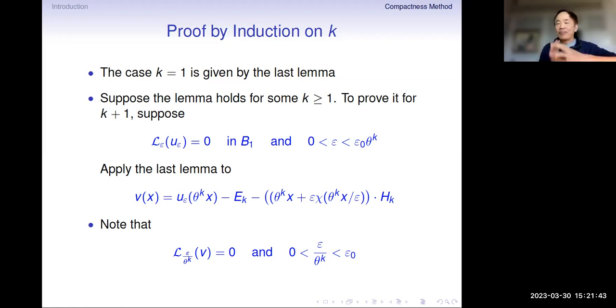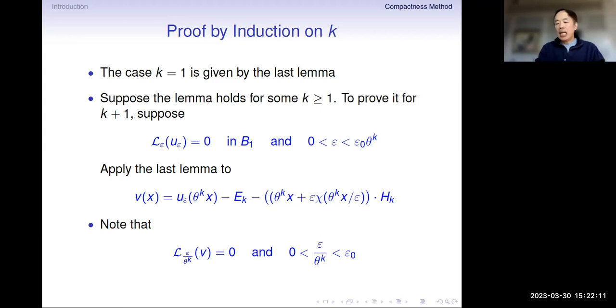This family of operators has a very nice scaling structure. When I scale the solution, you simply scale the parameter epsilon. So it's a solution of the same operator, but with a different parameter, epsilon over theta to the k.